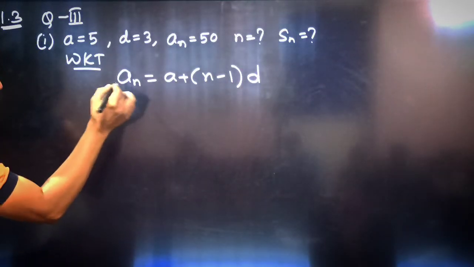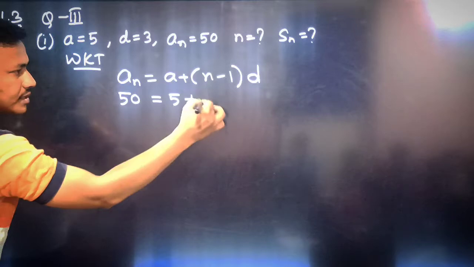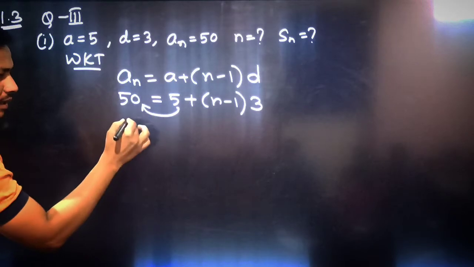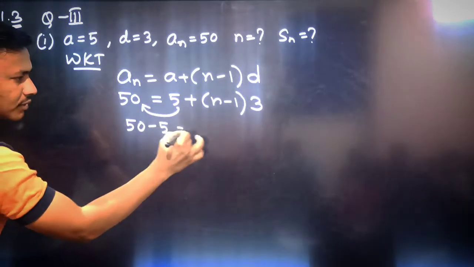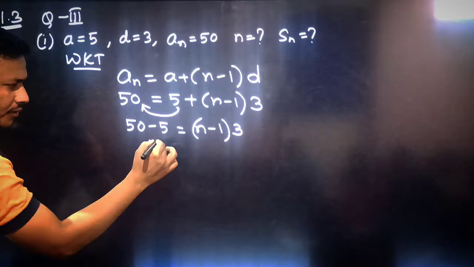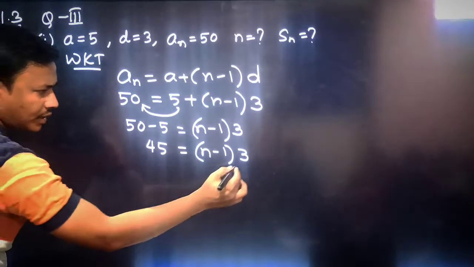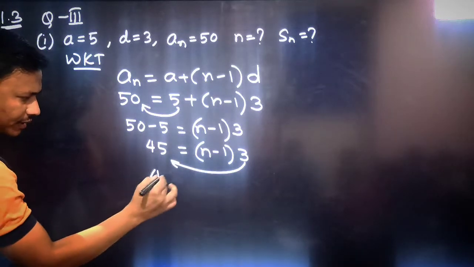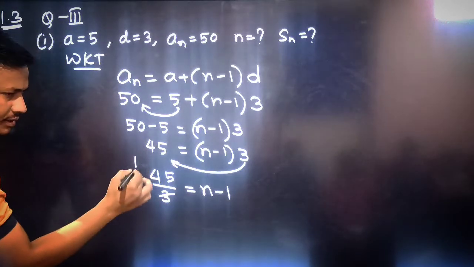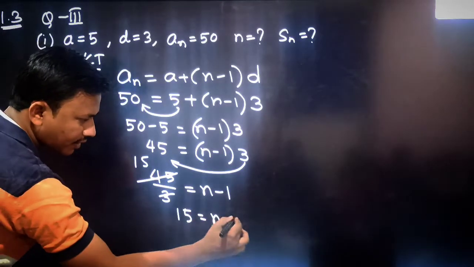What is the an value? 50 is equal to a is 5 plus n minus 1 into d, which is 3. 5 will become minus: 50 minus 5 is equal to n minus 1 into 3. 50 minus 5 is 45, equal to n minus 1 into 3. 3 will become divided by 3: 45 divided by 3 is equal to n minus 1. 3 fives are 15, so 15 is equal to n minus 1.